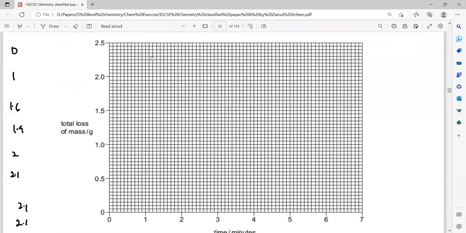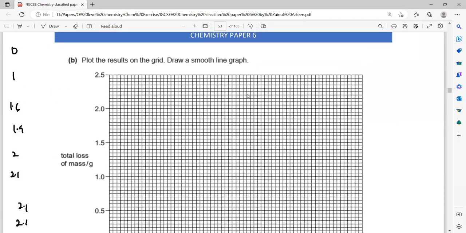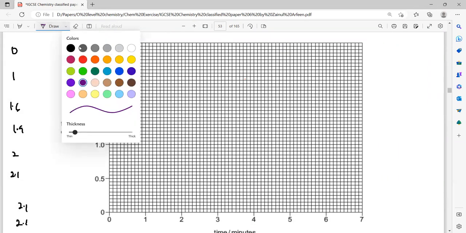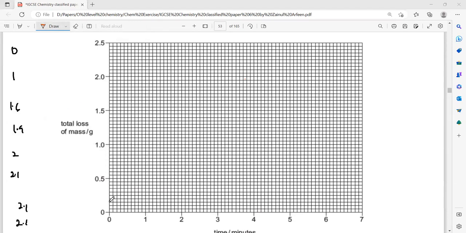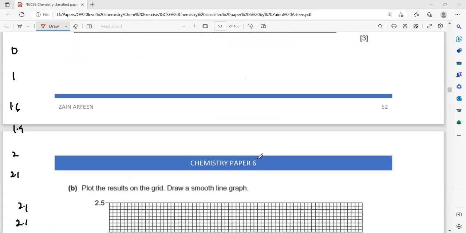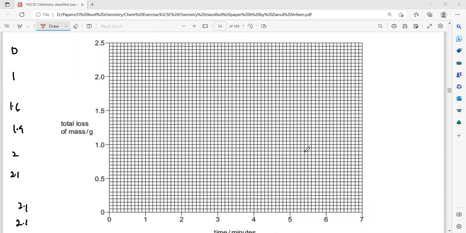The next one, plot the results on the grid and draw a smooth line graph. So we have the total change in mass and the experiment, like 7 experiments are done. Because this one is representing the time, in the beginning this is starting with 0 and ending at 7.